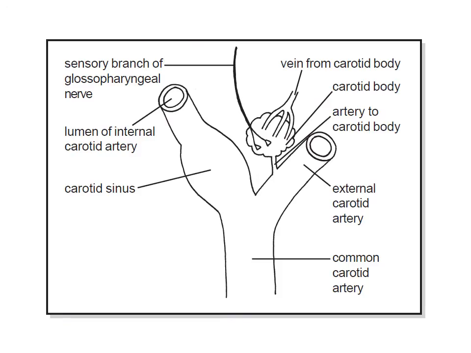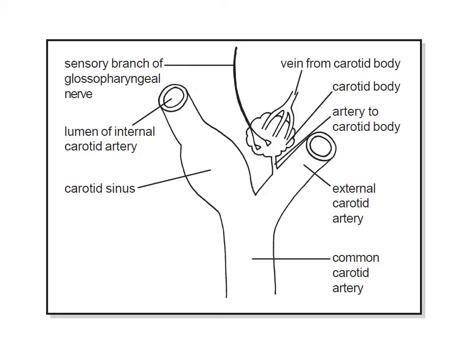As we see on this diagram, the carotid bodies are located between the internal and the external carotid arteries, just above the bifurcation from the common carotid artery. And despite being very small, they have a high blood supply from the external carotid artery. So as you can see, there's a little arterial branch between the external carotid artery and the carotid body.